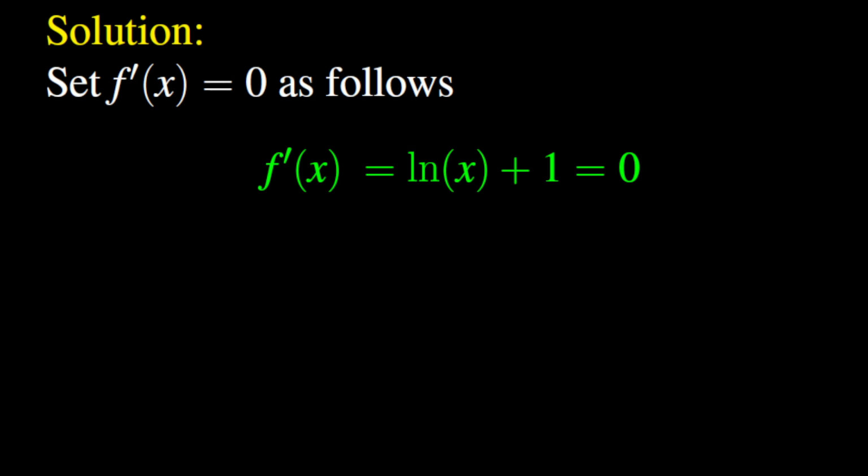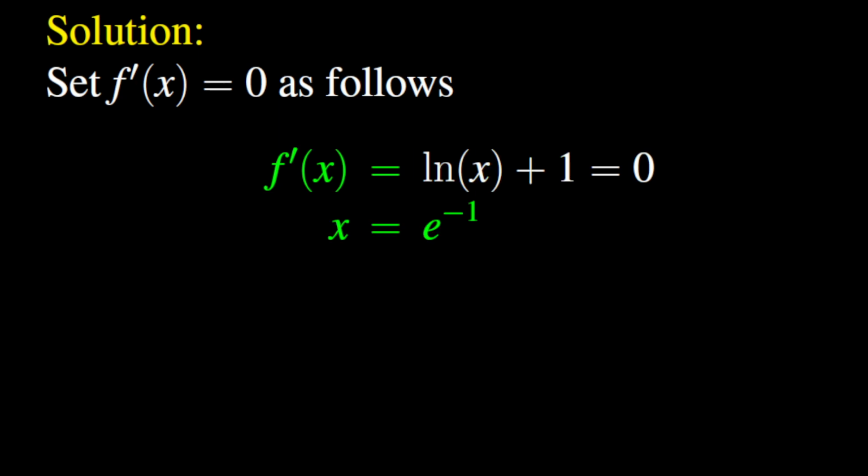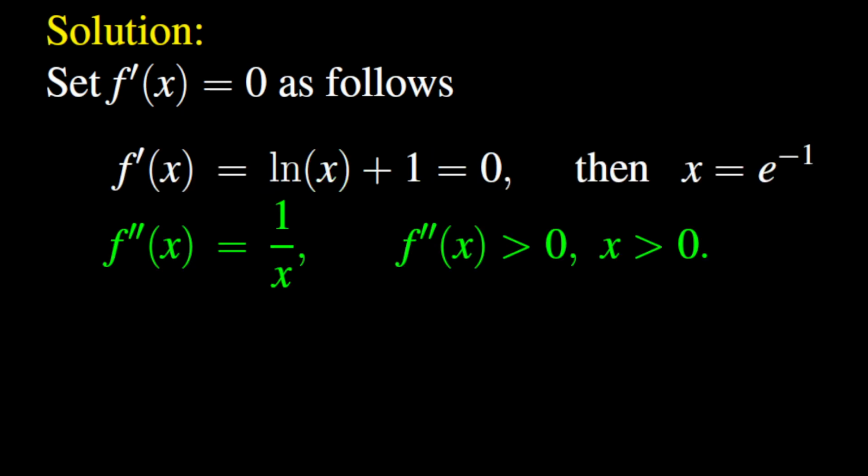We set the derivative of f equal to 0 to find the critical points. So f has only one extremum: f attains its minimum at x equals e to the power of -1. This is because its second derivative f double prime is equal to 1 over x, which is always positive for x positive. Therefore f is decreasing from 0 to e to the power of -1 and increasing from e to the power of -1 to infinity.